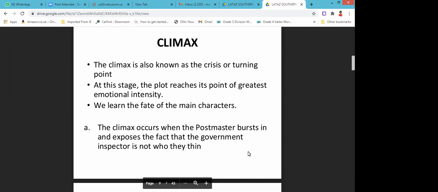And we learn the fate of the main characters. For example, the climax in The Government Inspector occurs when the postmaster bursts into the house and exposes the fact that the government inspector is not who all the government officials thought he was.